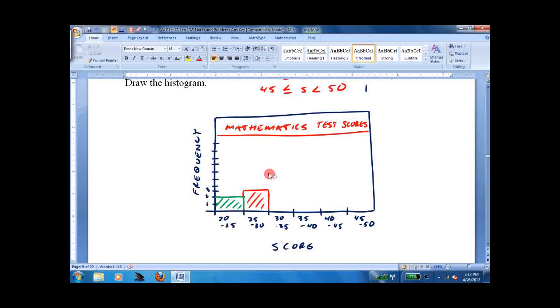Next one goes up to 6. Next one goes up to 7.